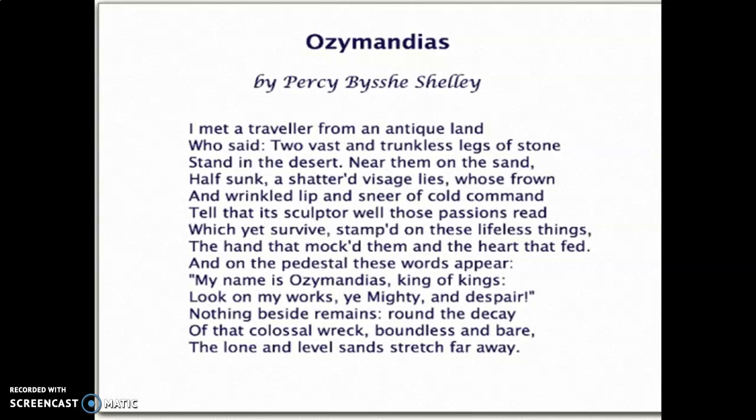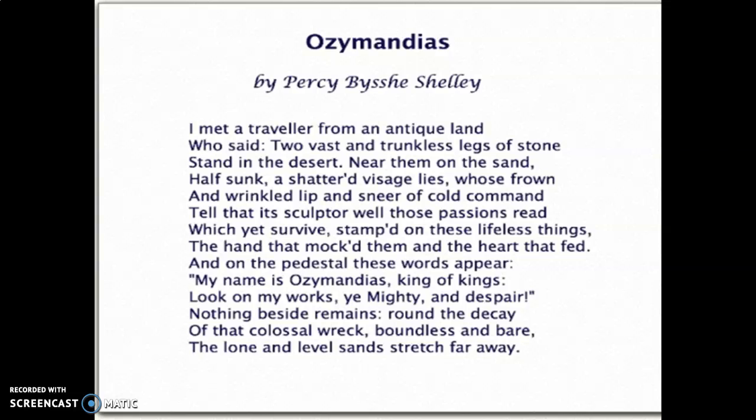And after that the writer comments, nothing beside remains round the decay of that colossal wreck. Nothing beside remains. There was not a single building around that broken statue. Colossal means huge. Wreck is wreckage, the old debris that was there, boundless and bare.